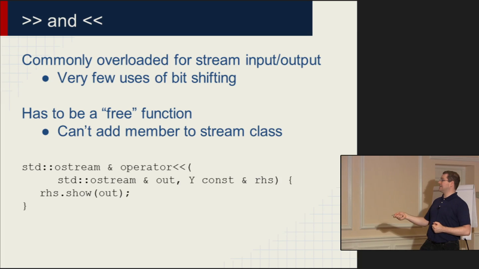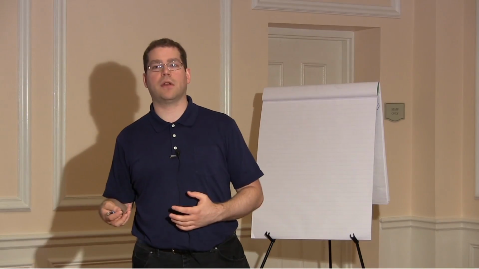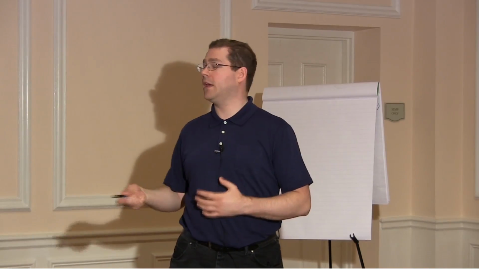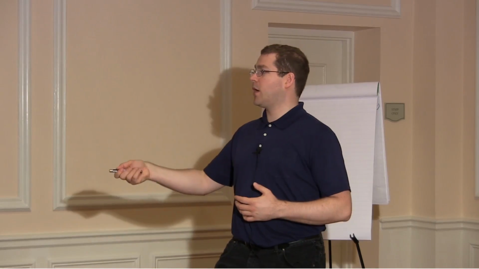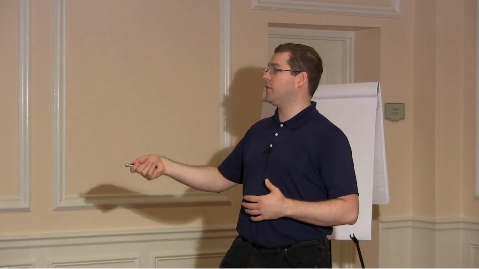And then as an implementation, because this is a free function, you don't have access to a lot of the private member variables. So it's somewhat difficult sometimes to make a good output formatting when you don't have access to the internal state. So instead of trying to write the details about how to output in the actual function itself, a lot of times what we do is we make a show method in the object.